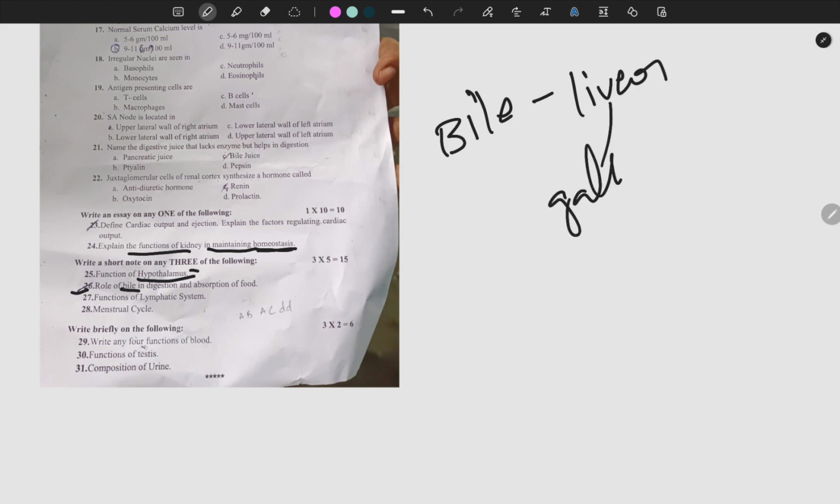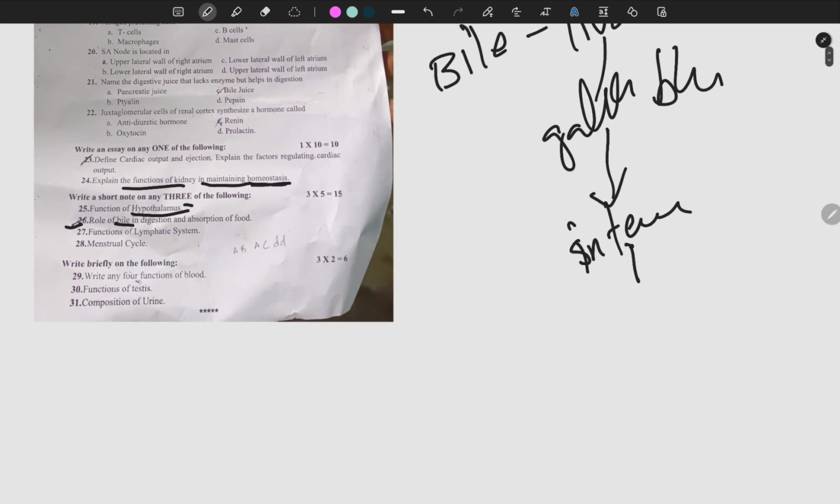The next question, the 26th question, is the role of bile. Bile is secreted by the liver and stored in the gallbladder, and secreted into the intestine. What is the role of bile?